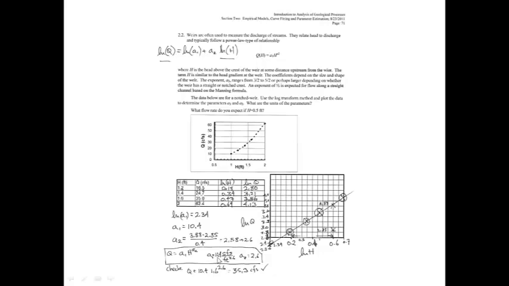I write the parameter, I give the numerical result, and I give the units that go along with it. I don't have the units up here, but I'm sure to include them here with my result. And a2 is 2.6, and it would probably be a good idea to write dimensionless right here, just to be clear to the person looking at this problem that I recognize what the units are, and that this number is in fact dimensionless.